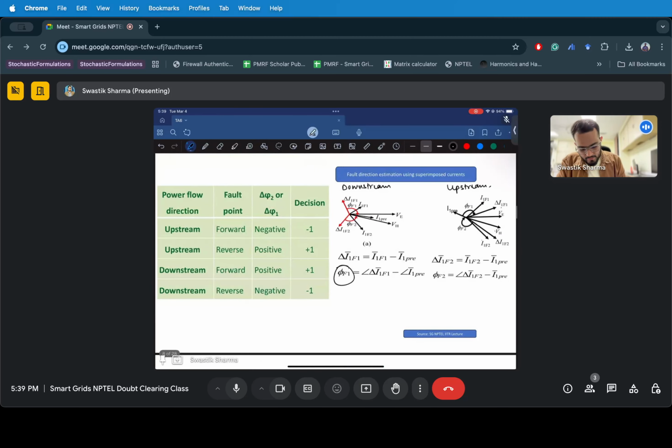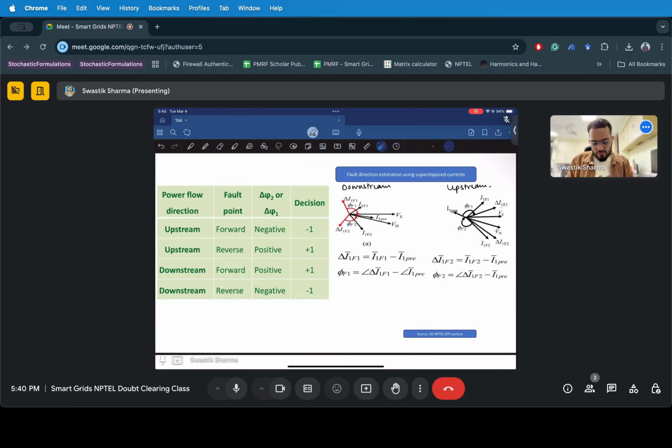So if you see, let's say, just a second. What you do is you see your pre-fault current phasor, and you see your delta IF1, right? So you see it's leading by phi F1, so the value of this is positive.